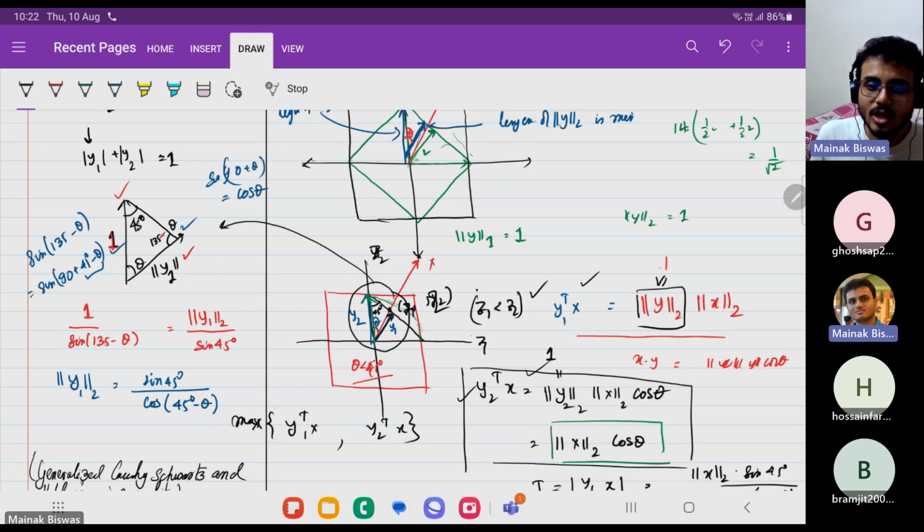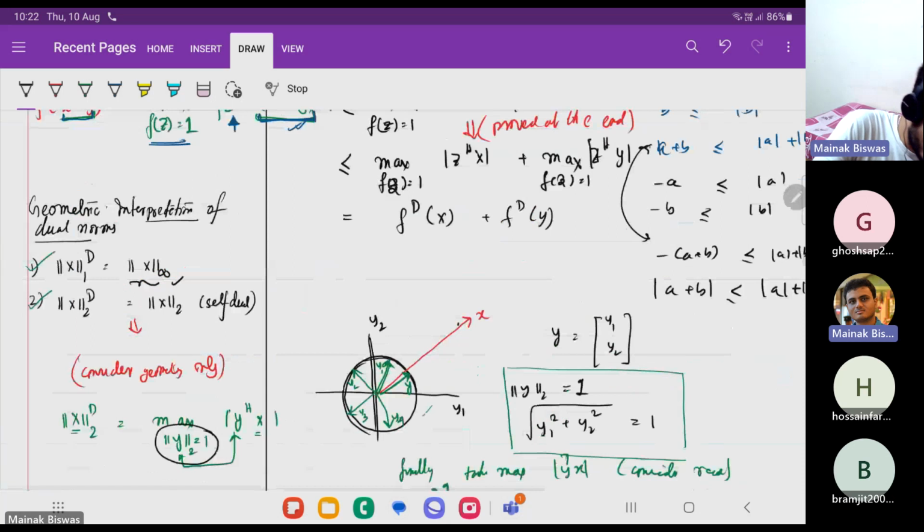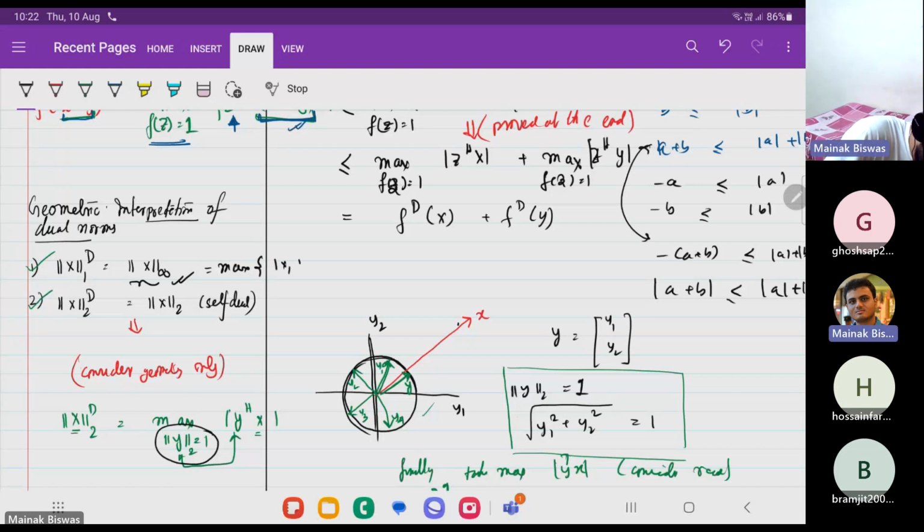You ended up picking Z2, right? So is it not the infinity norm of X, where we end up picking the maximum? So we ended up picking the maximum of X1, X2, right? I hope this is clear. Good.